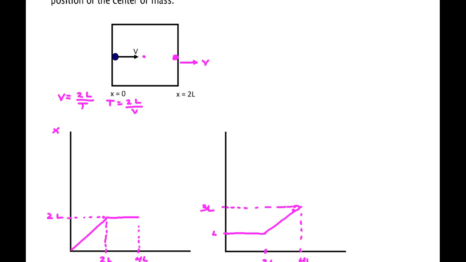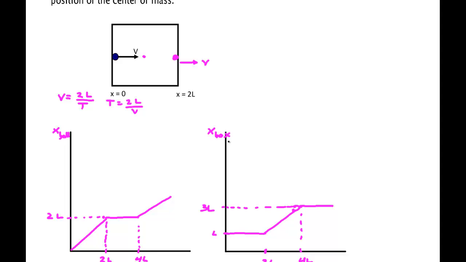And this would be 4L over v. At that point, the back end of the box comes up and smacks into the ball. The ball takes off, and the box stops. So at this point we get this, and we get slope v again. So this is the x of the ball, and this is the position of the box.